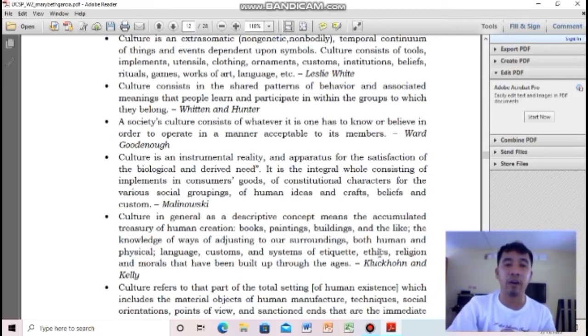According naman kay Clackhon, kag Kelly, culture is general as a descriptive concept means the accumulated treasury of human creation. Kumbaga, ang kabilugan, no? Kumbaga, ang pagtipon sa tanan-tanan ng mga ginubra sang tao, such as libro, painting, building, and different, both human and physical, like your language, etiquette, ethics, religion, and morals, nga na-build up, no, throughout the time.